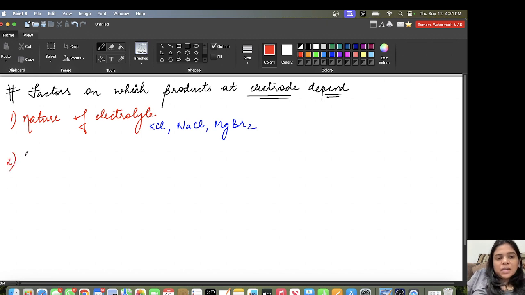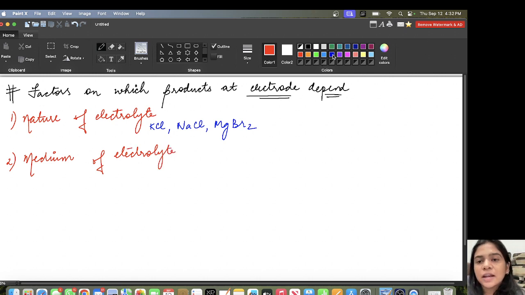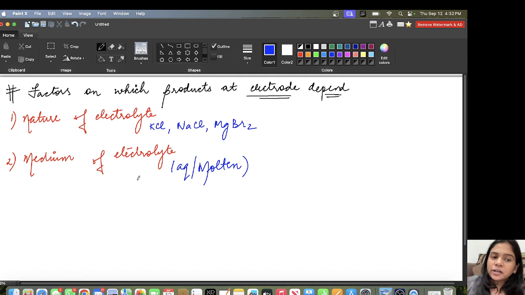Second is your medium of electrolyte, whether it is in aqueous condition or molten condition. Molten means you are simply melting that electrolyte. Aqueous means adding water into it. The third thing which you need to remember is concentration of electrolyte.